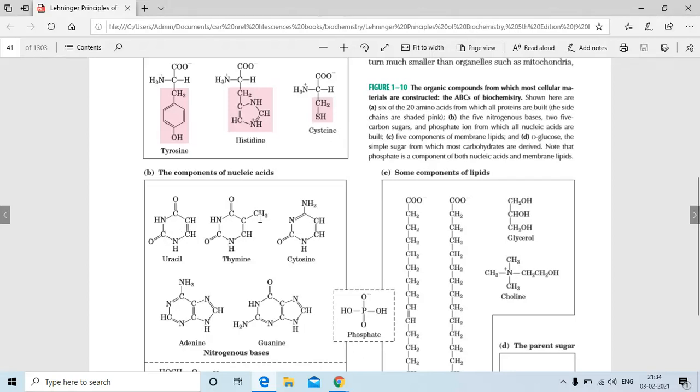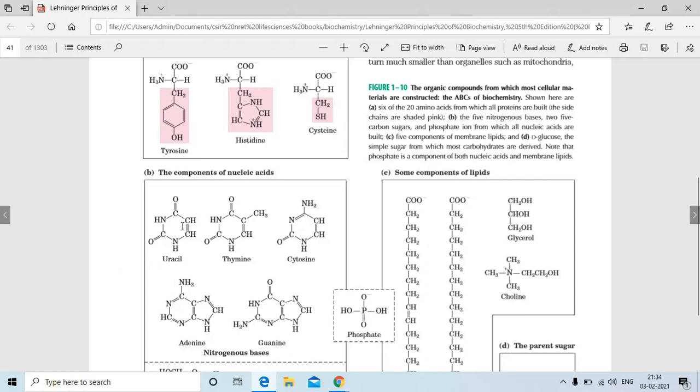So in thymine an extra group is attached, we have to remember this, and the rest of the structure is the same as uracil. Similarly, in cytosine, one of the H has been removed from nitrogen, and the rest of the structure is similar to that of uracil.